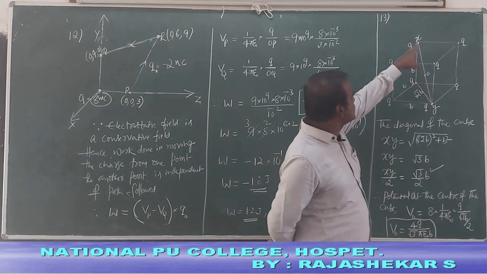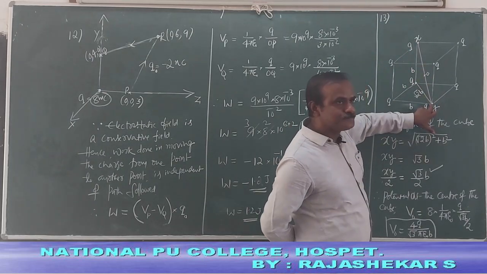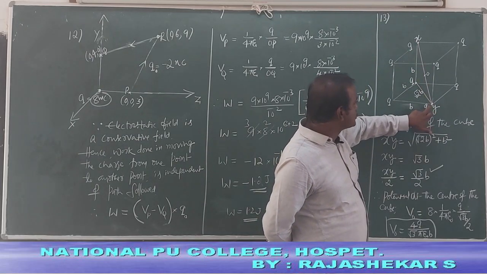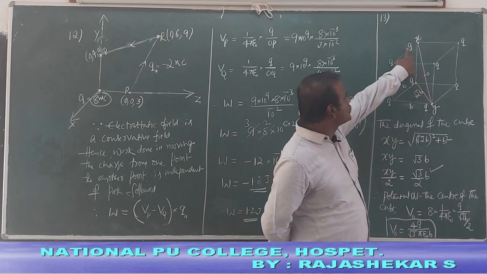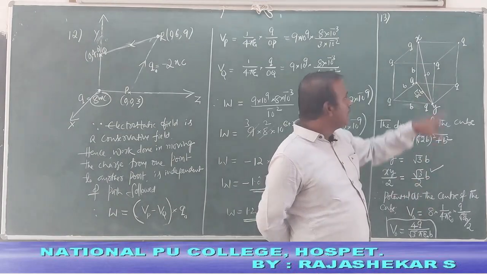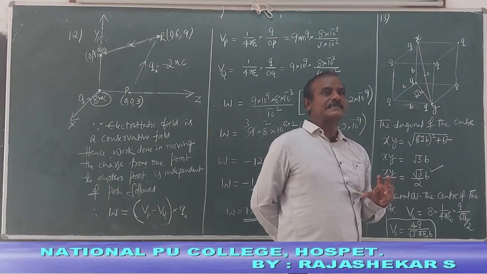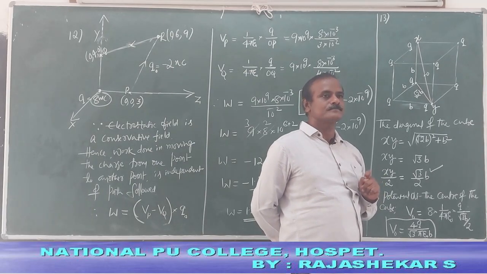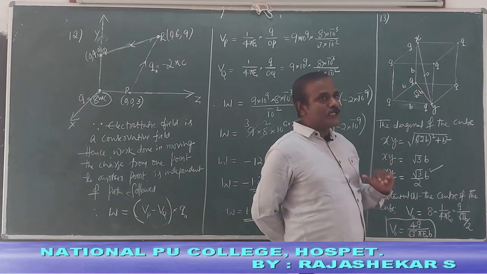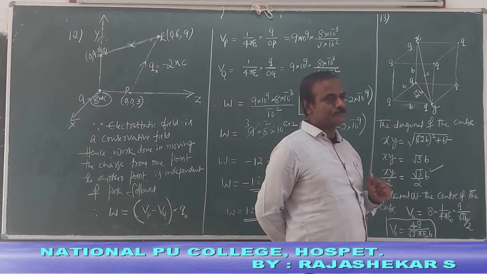Take for instance these two charges. The field due to this charge at this point is away, and field due to this charge at this point is also away, and field at the center of the cube is 0. Same in magnitude, opposite in direction.